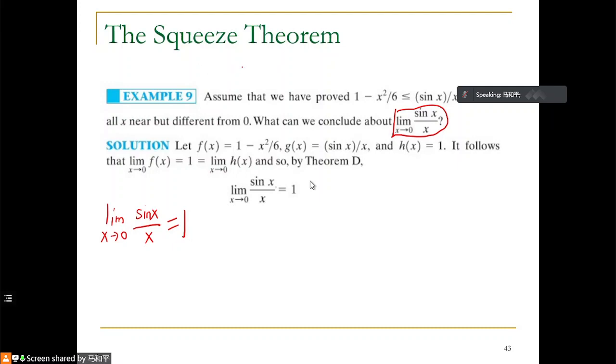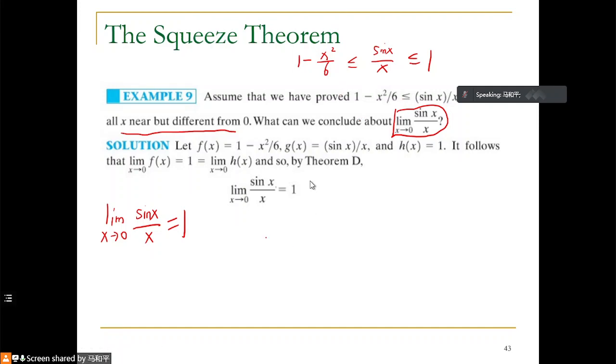Before we prove it, first we should have a conclusion: 1 minus x squared over 6 is less than sin x over x, which is less than 1, for x near but different from 0. This means this inequality holds. What can we conclude about this limit?